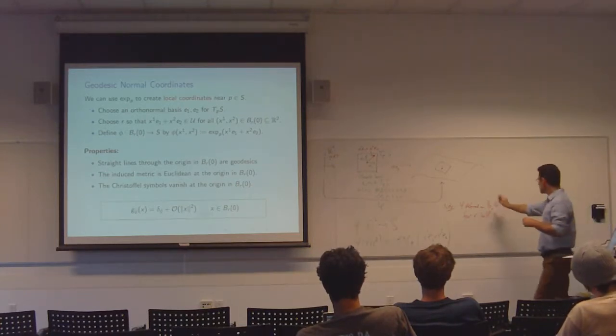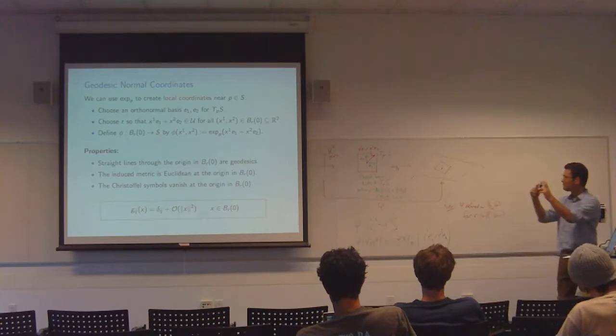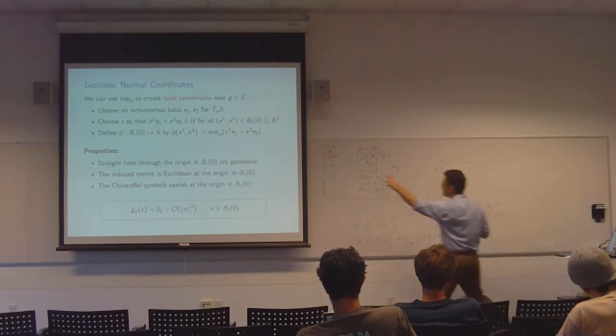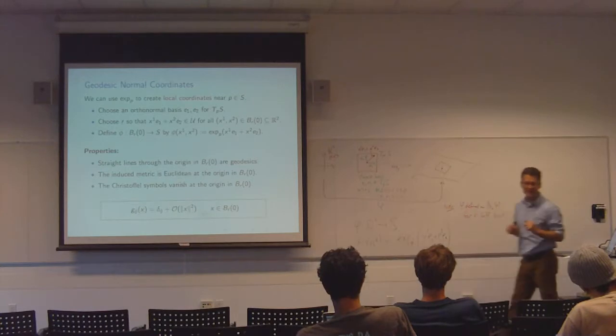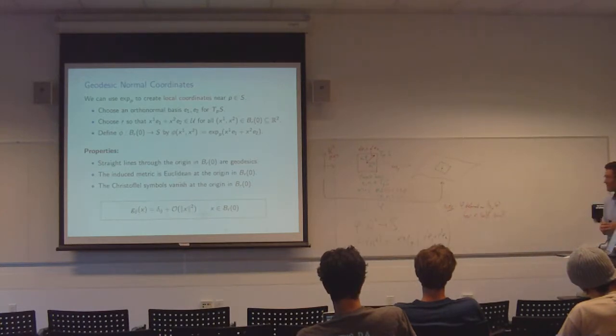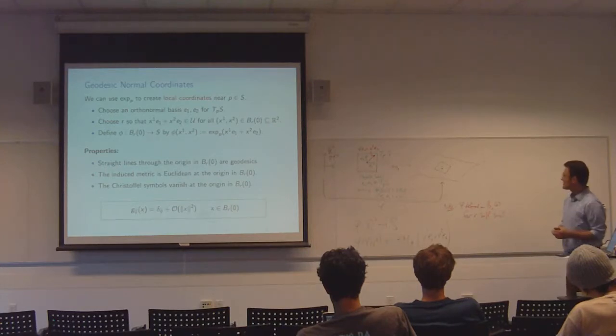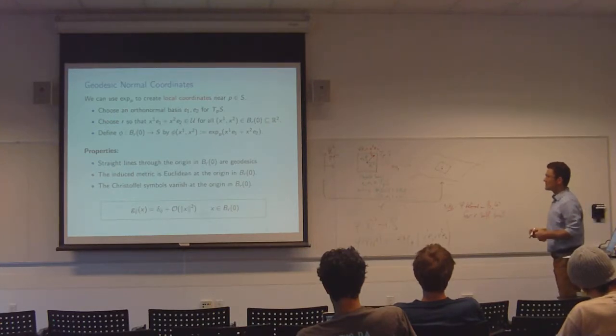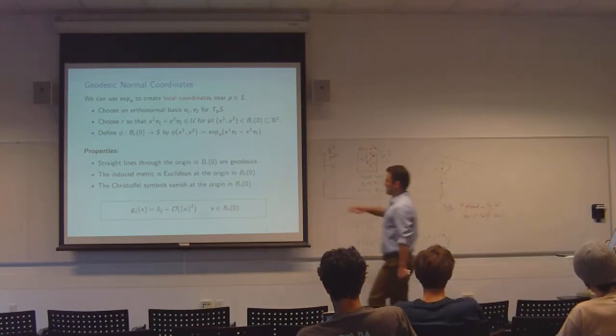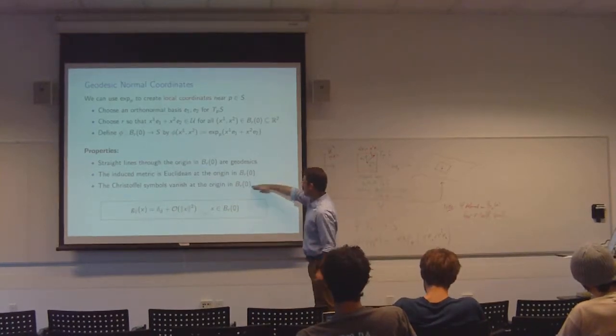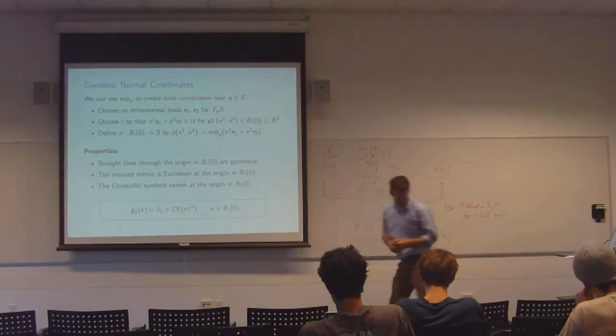Some radius r is sufficiently small so that the small ball maps into the domain of definition of the exponential map, and then we're good to go. Okay, so a couple of interesting observations about these coordinates, going from simple to most complicated.